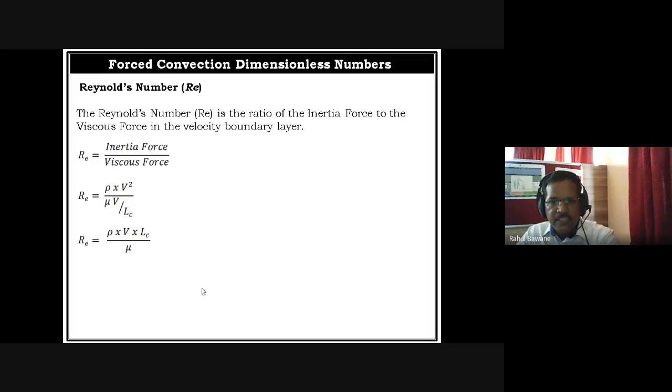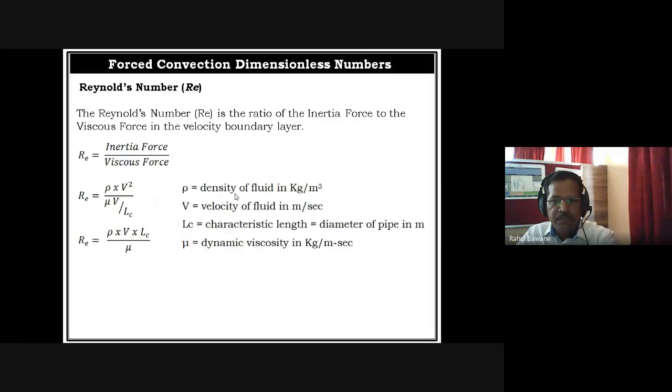Density's basic unit is kg per meter cube, velocity in meter per second, characteristic length is the diameter of the pipe in meter if it is a circular section. If it is a rectangular section, then the characteristic length will be different, but it must be in meter. Then dynamic viscosity is in kg per meter second.